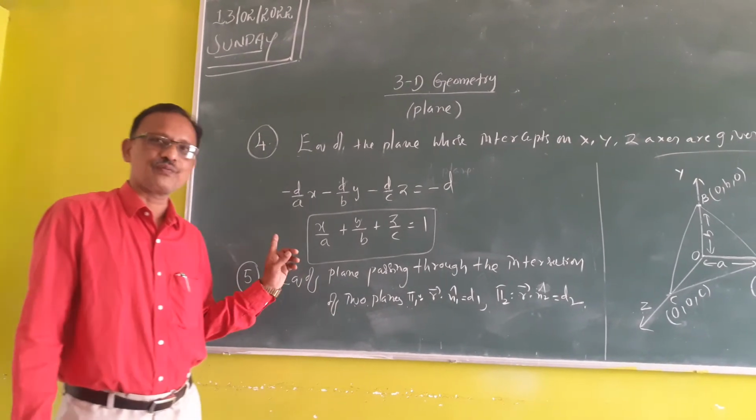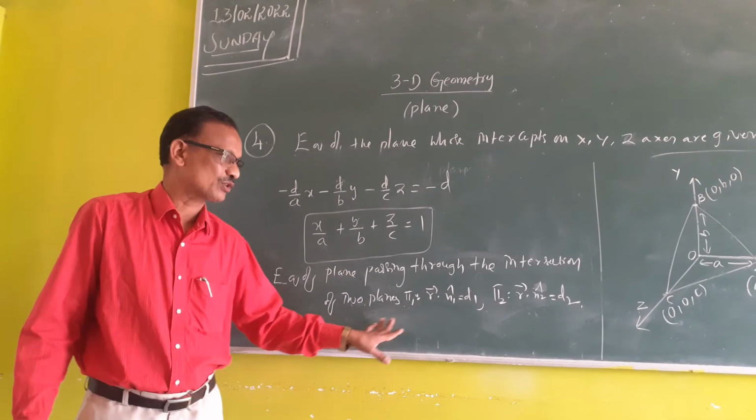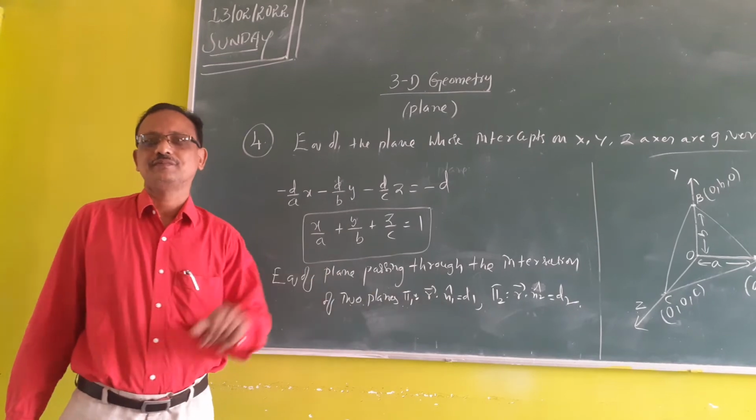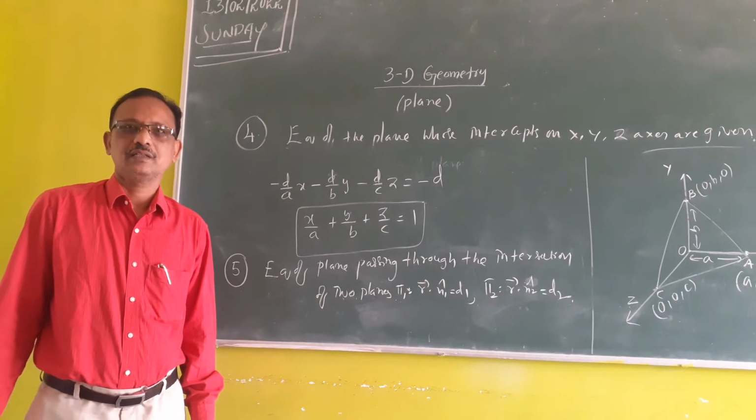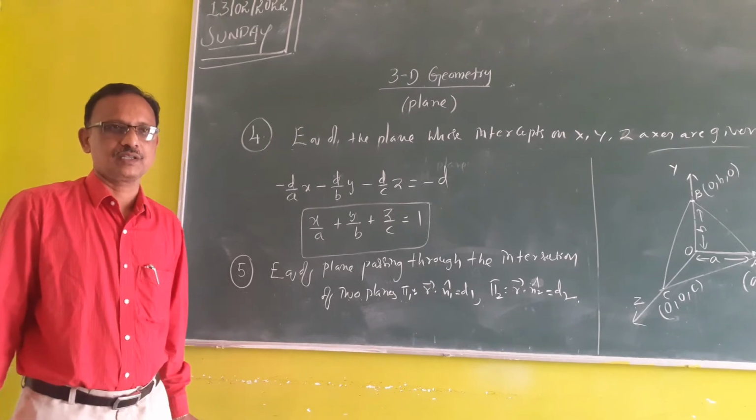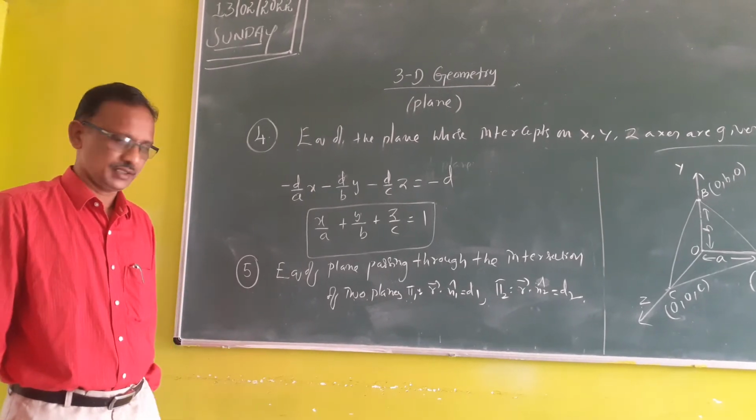Now we have to find the equation of the plane passing through the intersection of these two planes. This is the final condition for the equation of a plane.